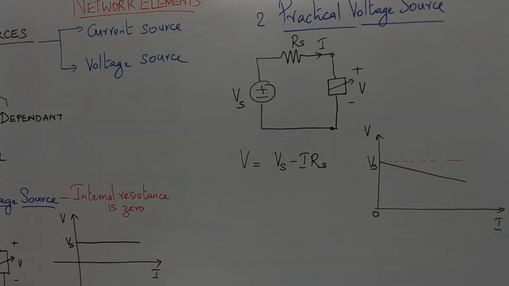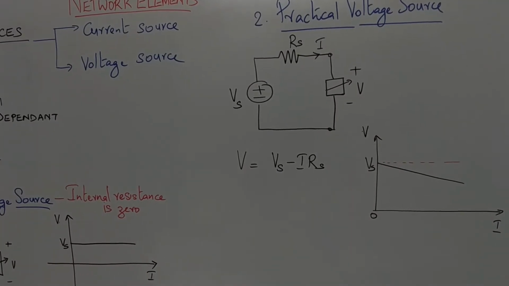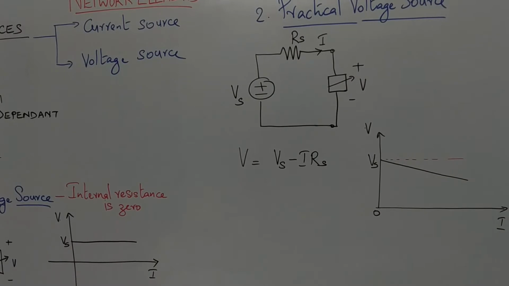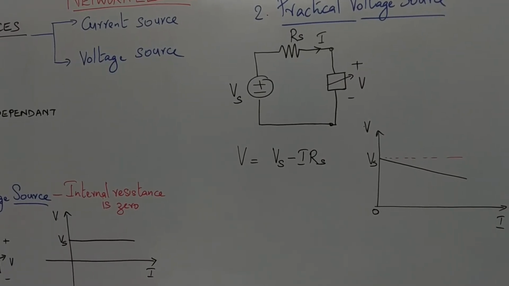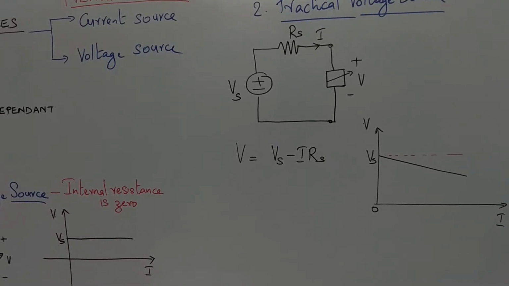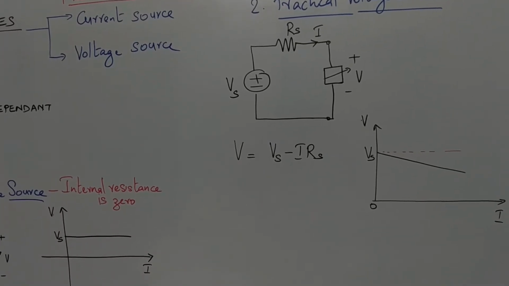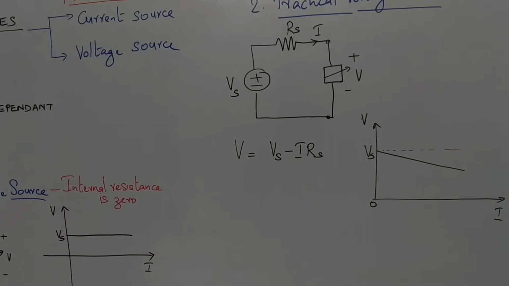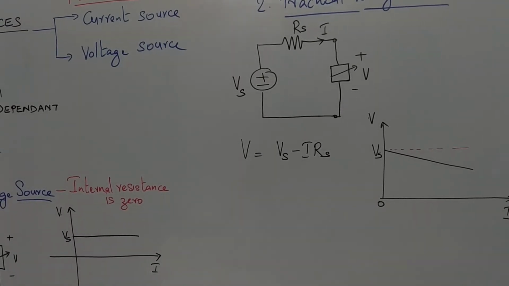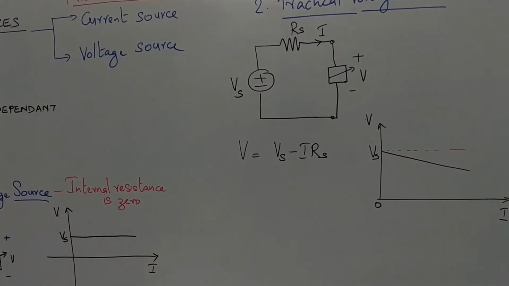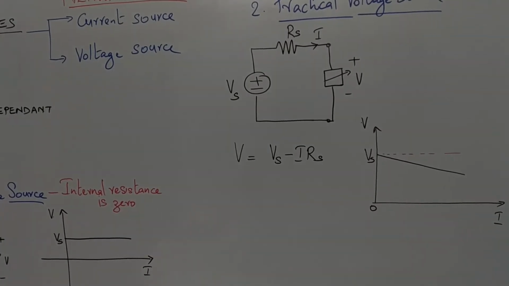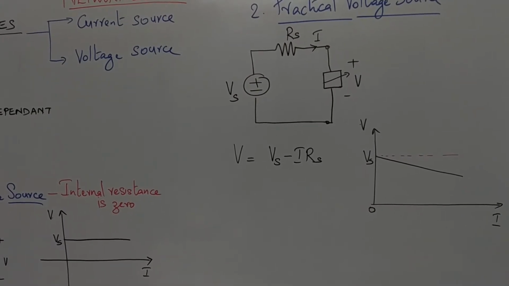The output voltage V is not equal to Vs. Instead, V will be equal to the total voltage applied minus the drop across this internal resistance. So the output voltage will be the difference of the input voltage minus the drop across Rs. That is, V will be equal to Vs minus I into Rs.